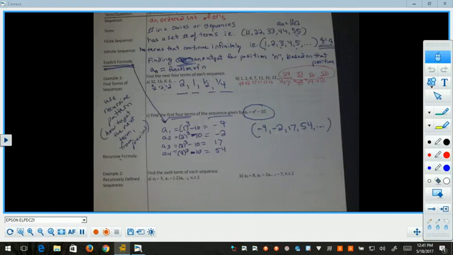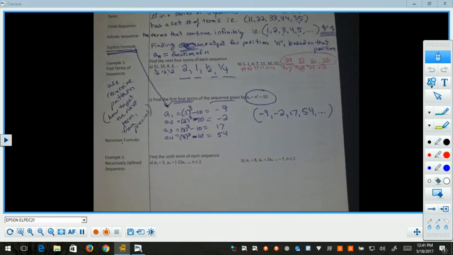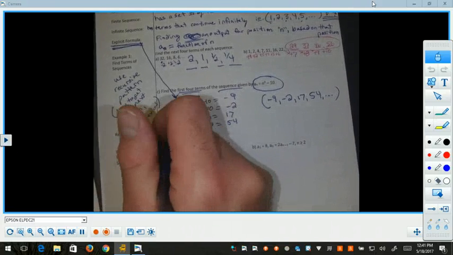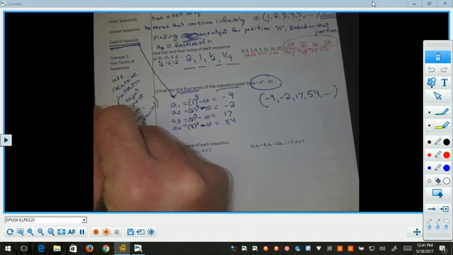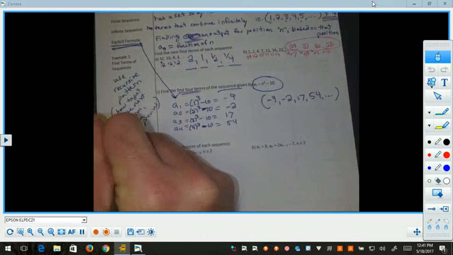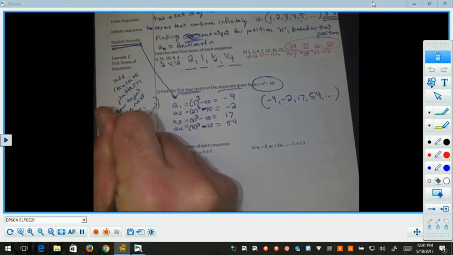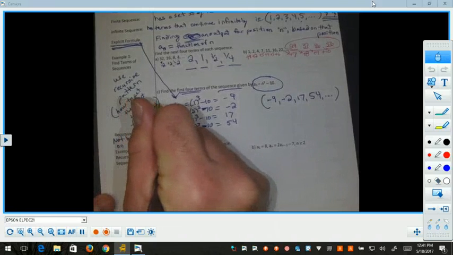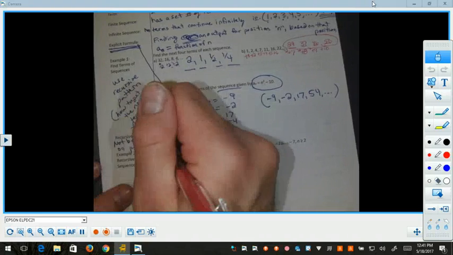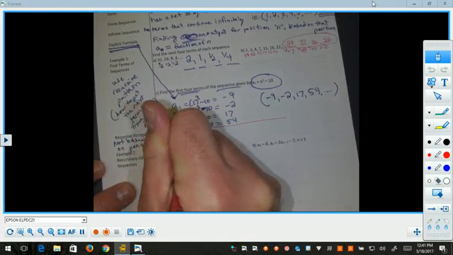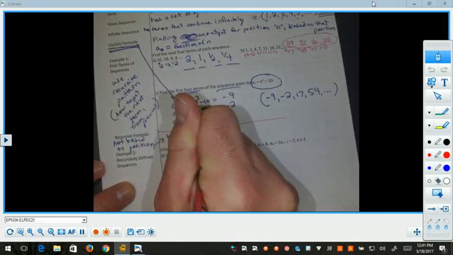Recursive formula. A recursive formula is where the terms are based on previous terms, not the term position. Previous terms, that's plural.